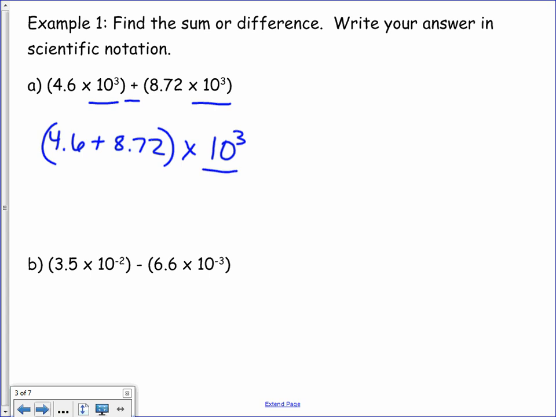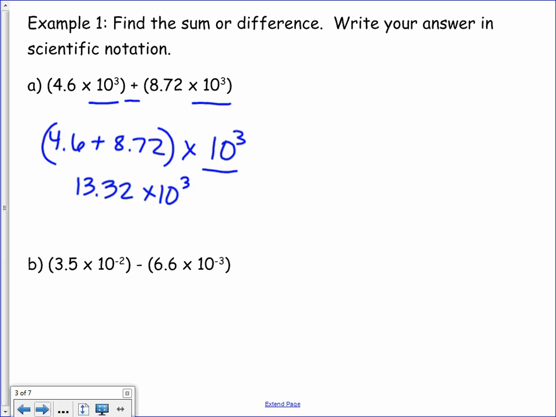Now we need to add 4.6 plus 8.72, okay, which equals 13.32, okay? Now, when we rewrite this, 13.32 times 10 to the third, we need our answers to be in scientific notation. But if we recall, scientific notation needs our factor to be greater than or equal to 1, but less than 10.